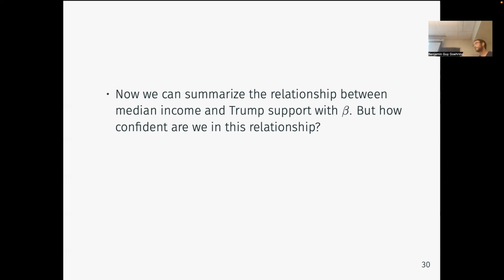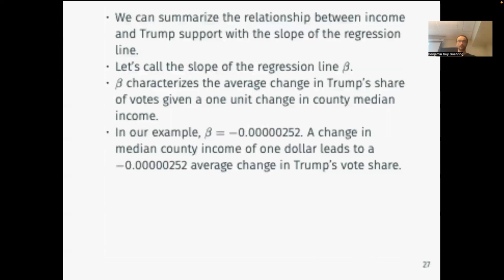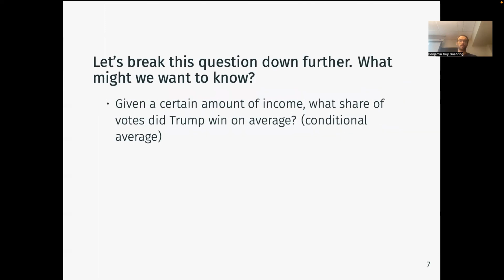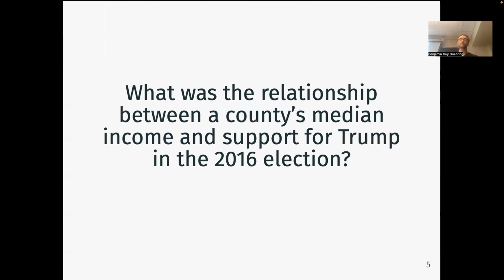Okay, so now we've kind of summarized our relationship, right? Our question at the beginning was, what was the relationship between a county's median income and support for Donald Trump in the 2016 election? We have kind of an answer to that right now.